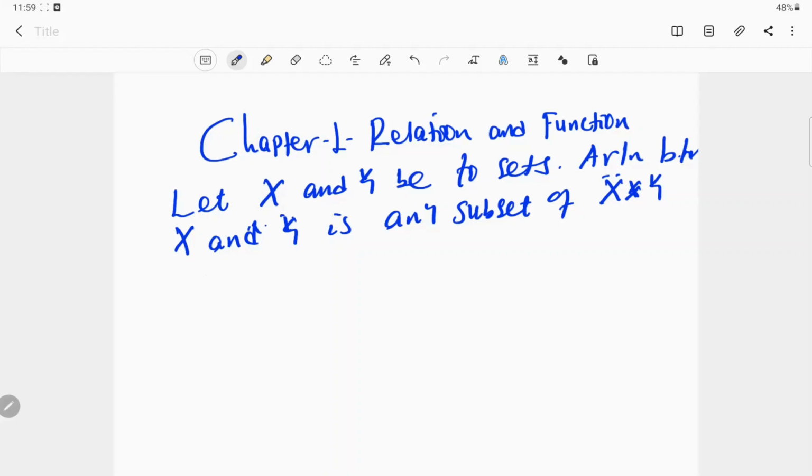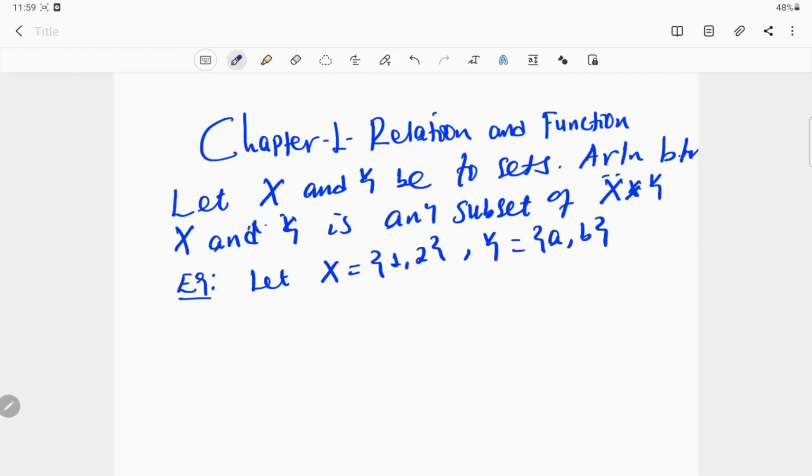So for example, let x be the set containing 1 and 2, and let y be the set containing a and b. A relation on sets x and y is any subset of the Cartesian product. So what's the Cartesian product? Let's first do the Cartesian product of x and y.